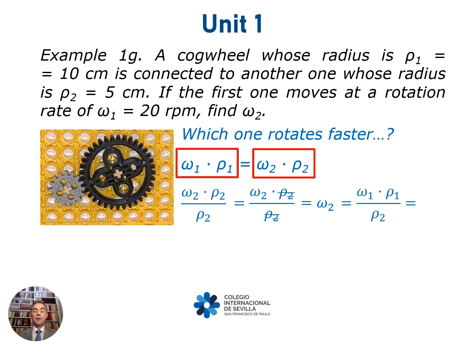Omega 1 radius 1 divided by radius 2, which is omega 1, angular speed of cogwheel 1, times radius 1 divided by radius 2, which is 20 rotations per minute times 10, radius 1, divided by 5, radius 2, and that is 40 rotations per minute.